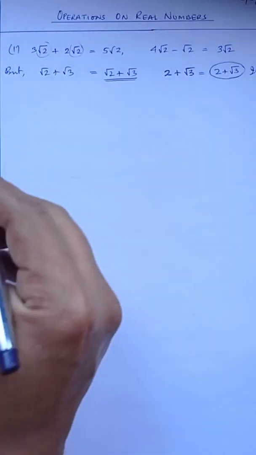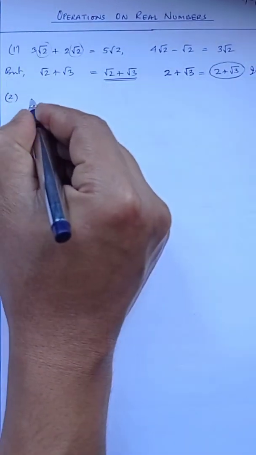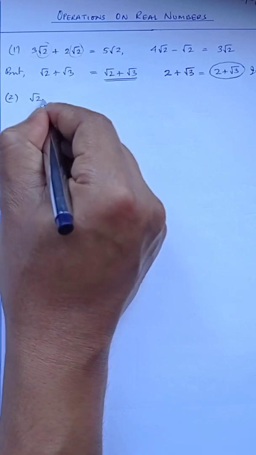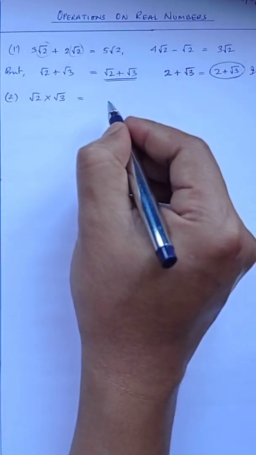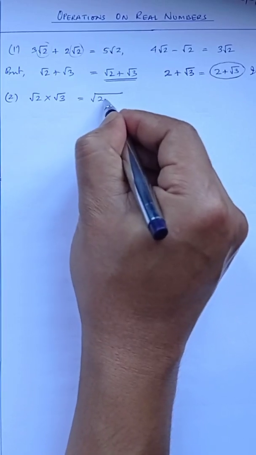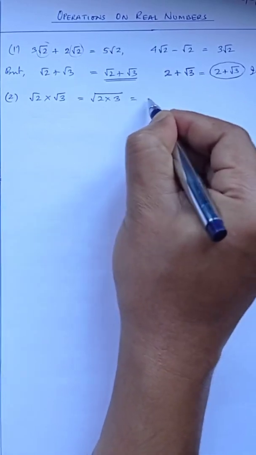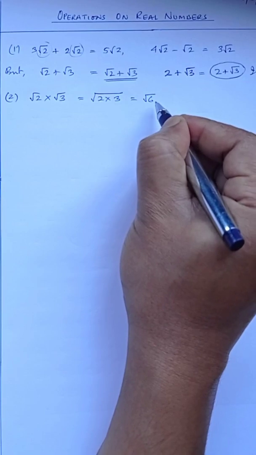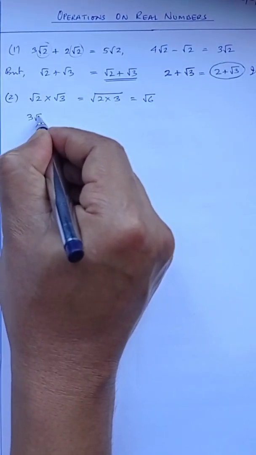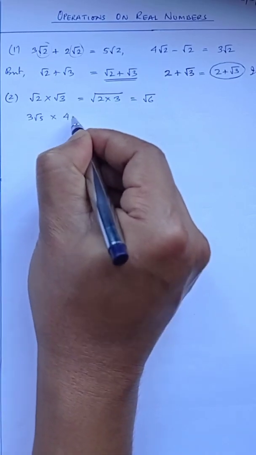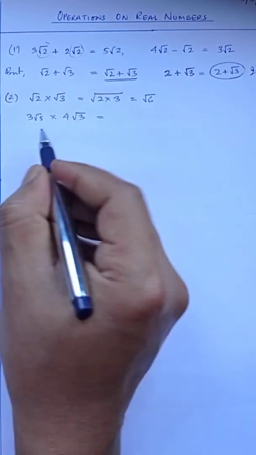Then number 2, we will be doing some multiplication. Root 2 into root 3. Can you multiply them? Yes, of course. This will be 2 into 3 under the same root, that is root 6. If we multiply 3 root 5 into 4 root 3, what will we get?